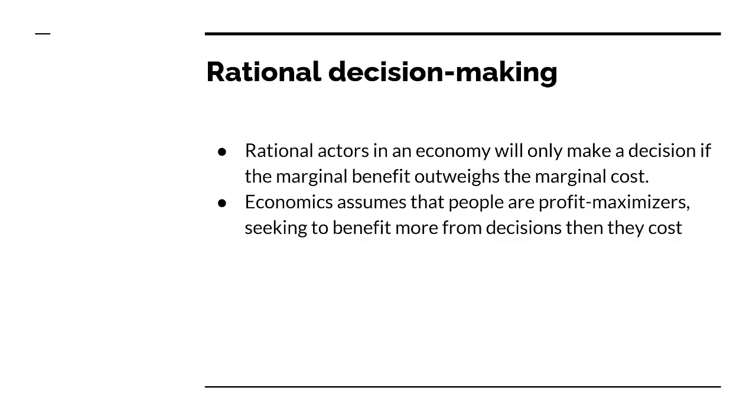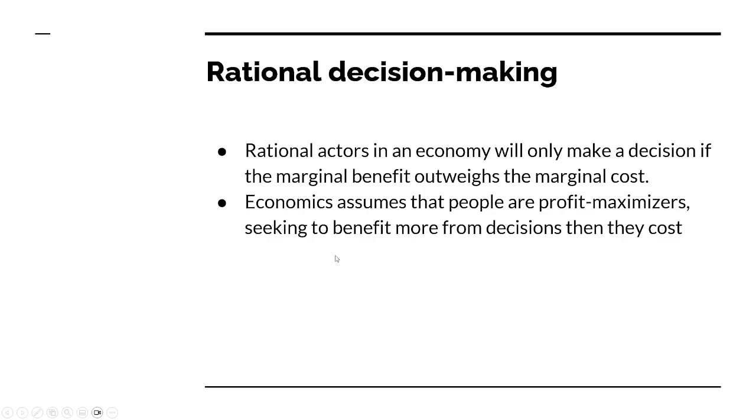And what we mean by rational decision making is that we assume that people, businesses, and governments are going to make decisions that maximize their benefits and minimize their costs, in a way that maximizes their total benefit, which means the benefits minus the costs.